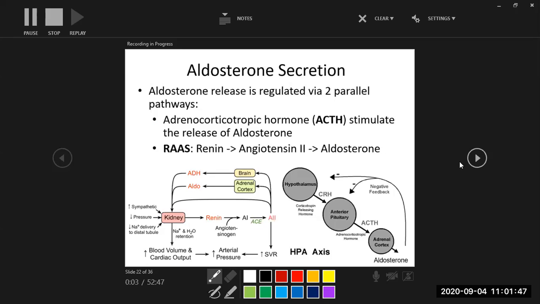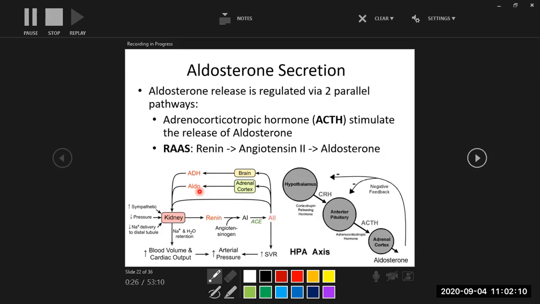How is aldosterone regulated in our body? It is regulated through two pathways. The first one we talked about is the renin-angiotensin system, where angiotensin 2 acts on the adrenal cortex to enhance the production of aldosterone.